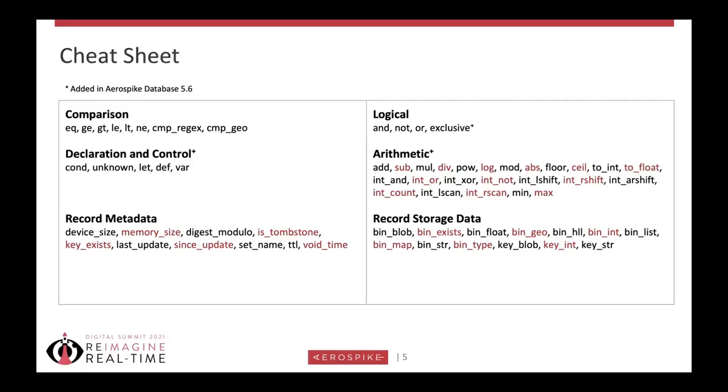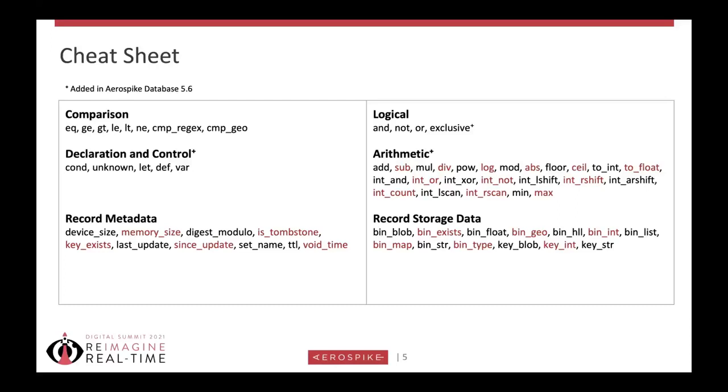There's a new arithmetic library of operations. In the past, Aerospike really just had increment on integers. And now there's this wide list of arithmetic that we can perform on numeric data types mostly. There's record metadata, which existed before, but is still around.